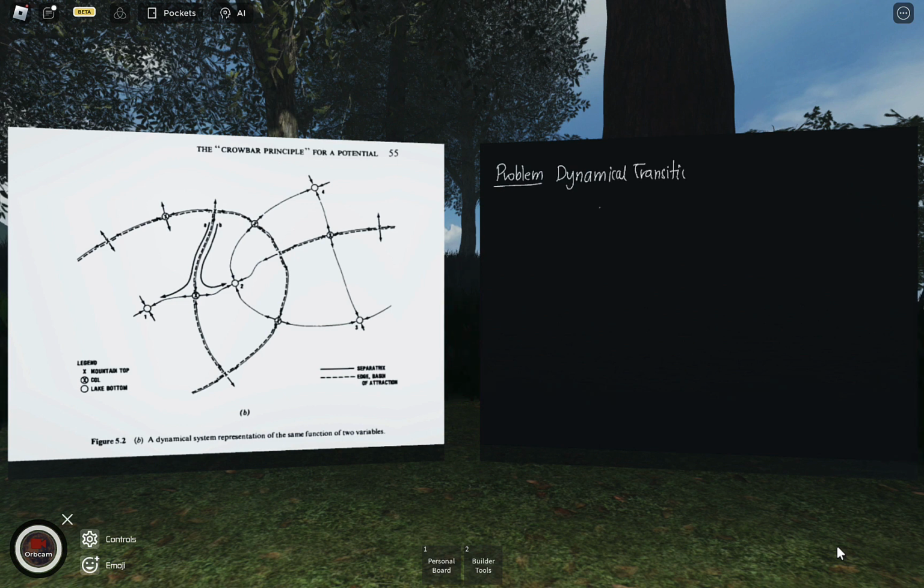So let's say dynamical transitions, Bayesian transitions, learning dynamics, statistical physics, and down here I'm going to put high-level principles.